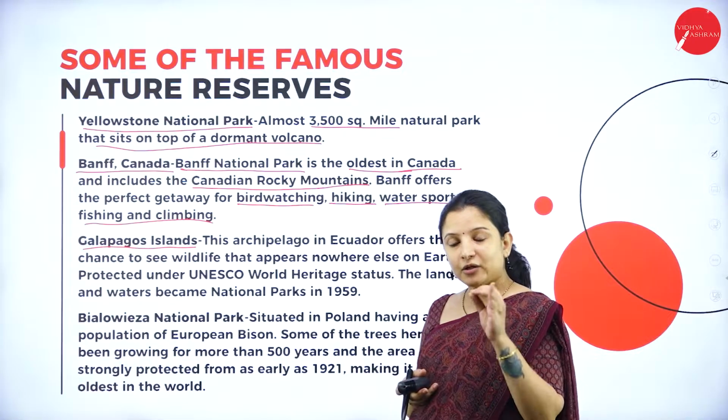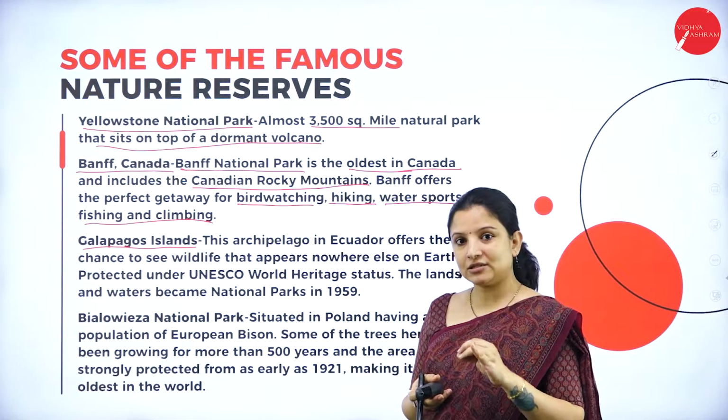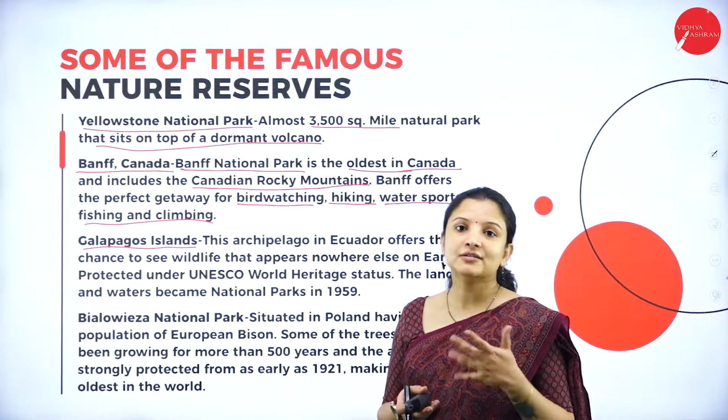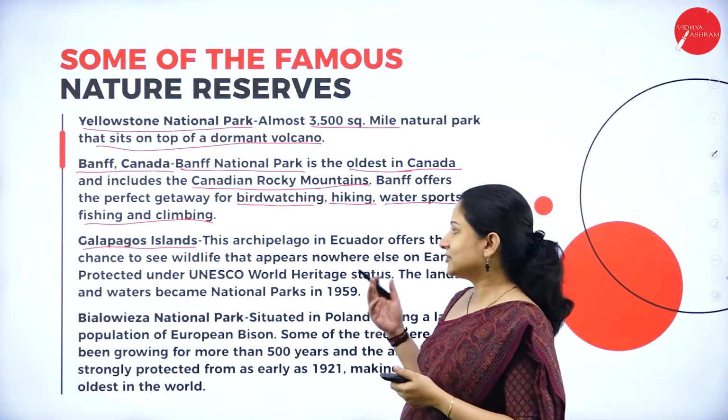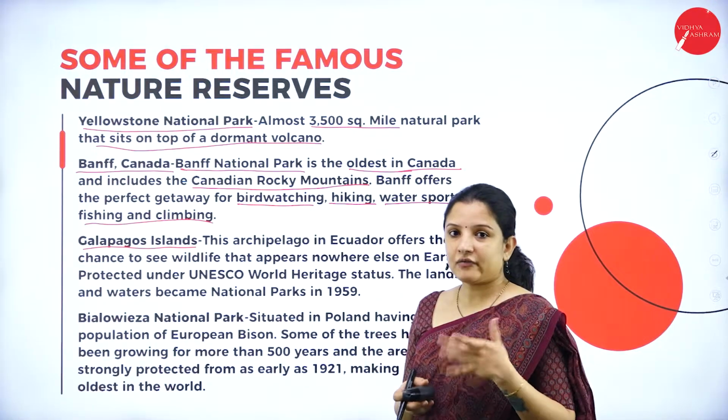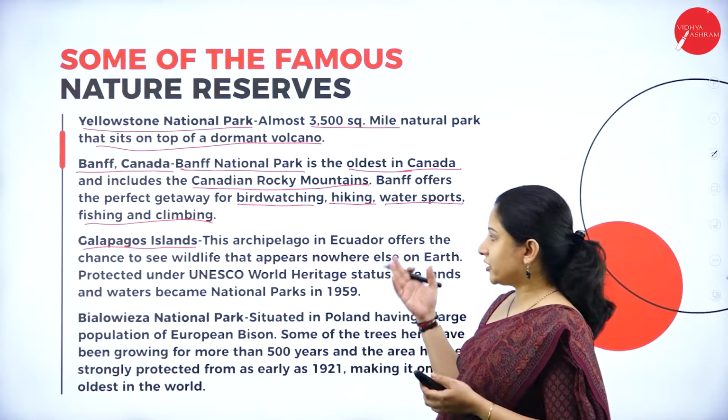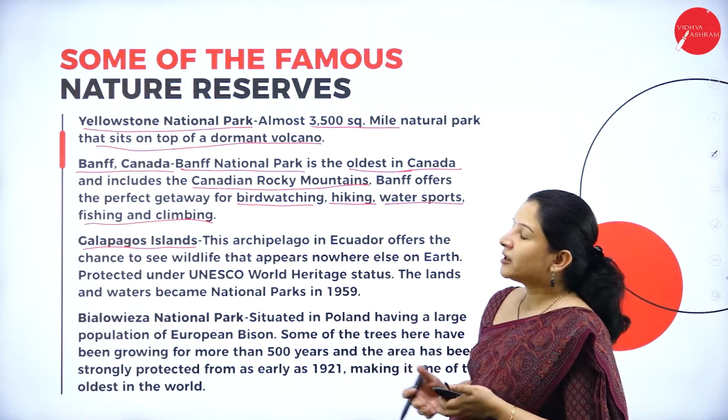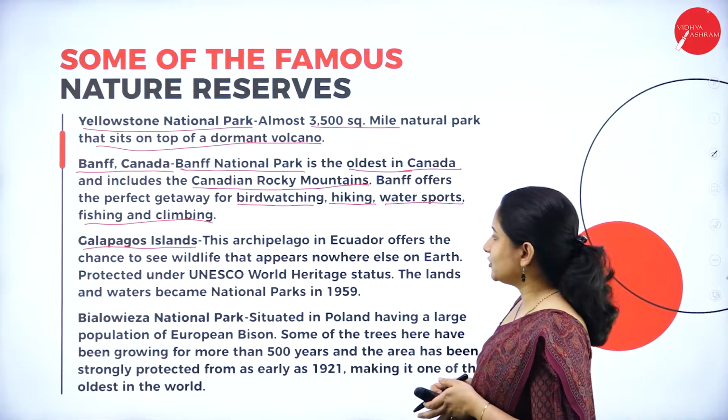So because of the unavailability of grasses, the Galapagos tortoise completely became extinct. This was actually found out by Darwin, that is the process of evolution and all that. A lot of stories are there behind these Galapagos Islands.